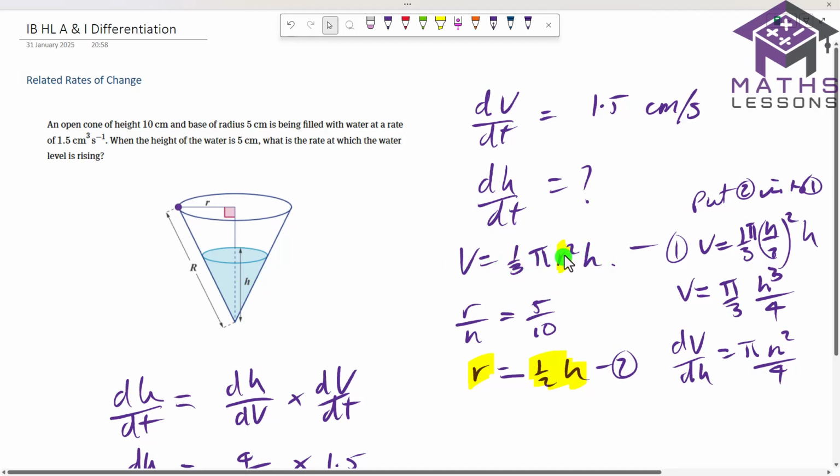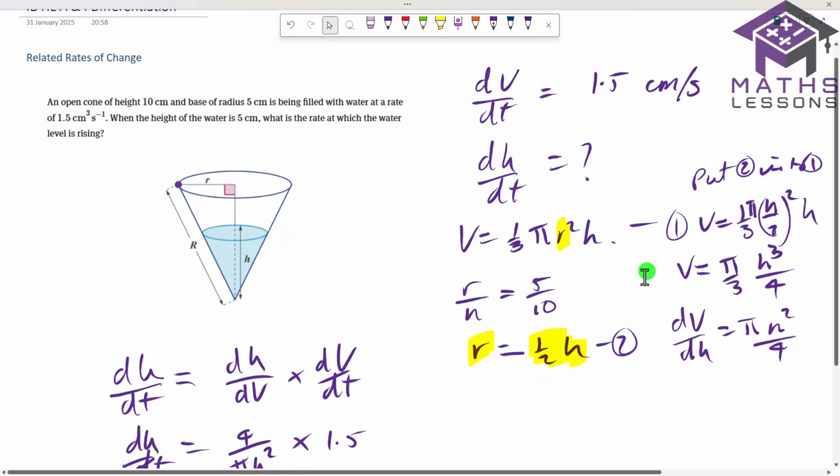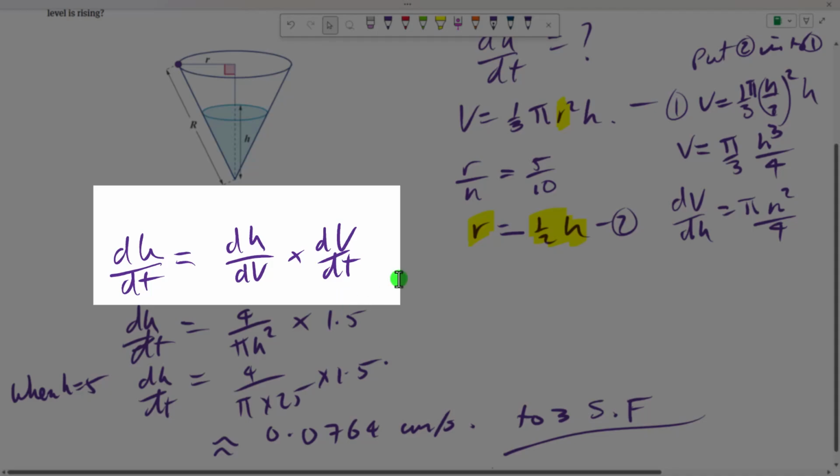The tricky bit is to realize that height and r are always in the same ratio. This r to this h, this r to this h is the same ratio. So we can make that ratio 5 over 10, replace r with a half h, and then carry on and use the chain rule, which is always our way of doing this question.